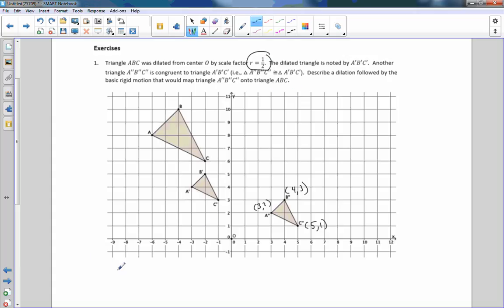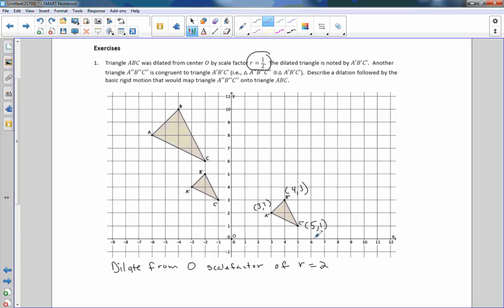So the first thing I'm going to do is dilate from center 0, from the origin, scale factor of r equals 2. That will get my A double prime from 3, 2, multiplied by 2, to 6, 4.